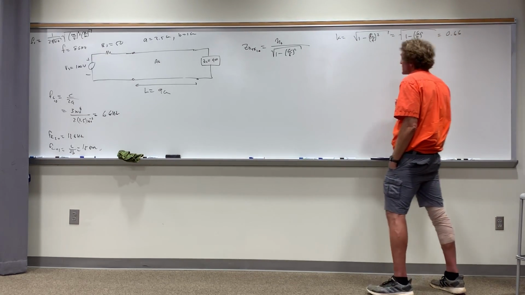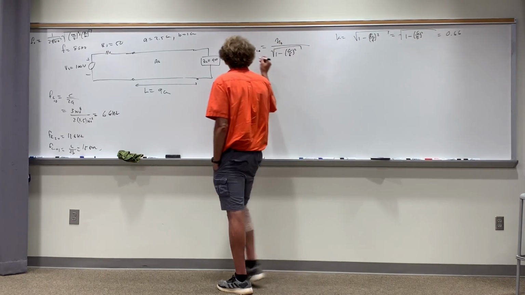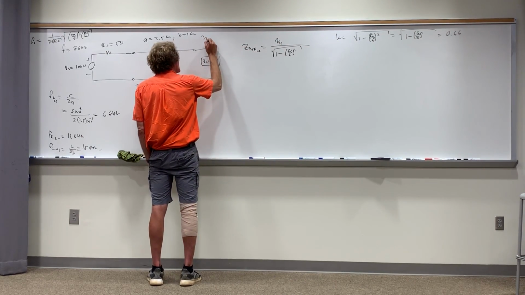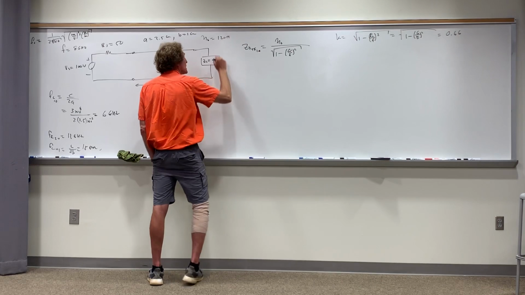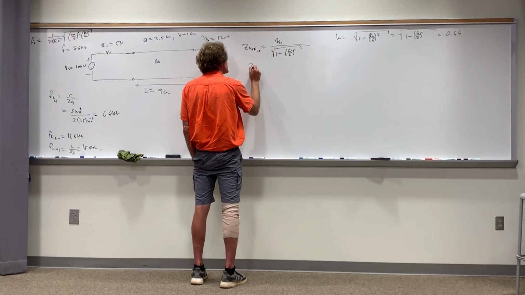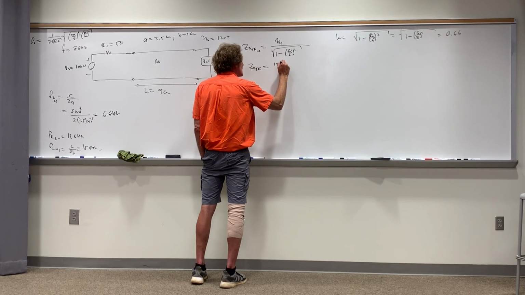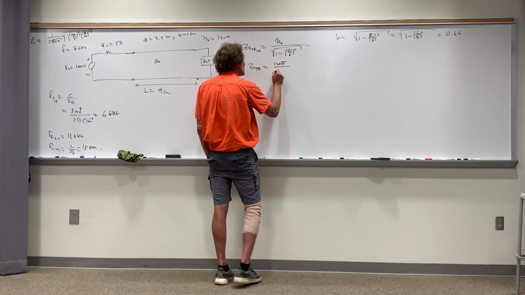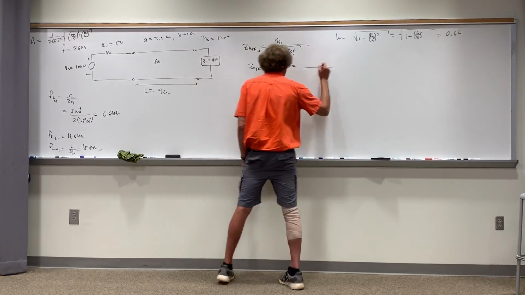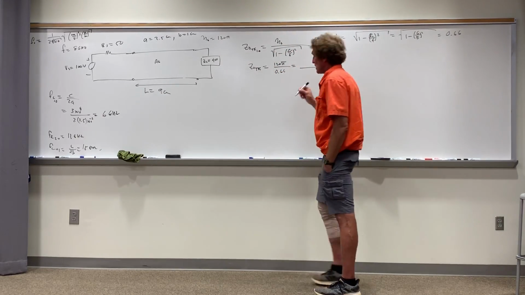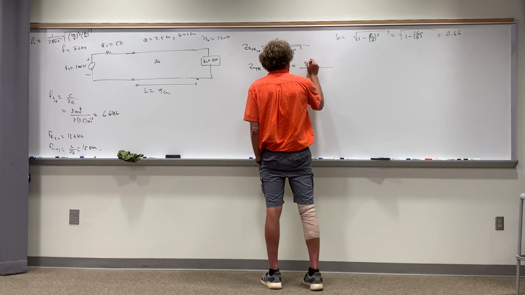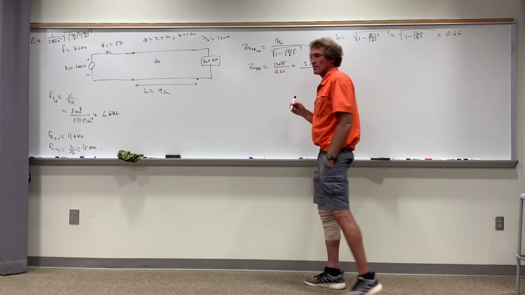So that means eta naught is equal to 120 pi, and Z0 for the TE mode is 120 pi over 0.66. And what do you get for that? 571 ohms, right? Everybody agree with that?